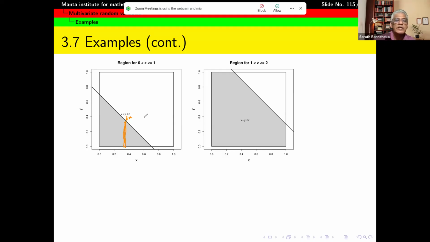Integrating with respect to y, it changes from 0 up to this value, and because x plus y is equal to z, y is equal to z minus x. So you first integrate with respect to y from 0 to z minus x. Then x goes from this value to this value. What is this value?